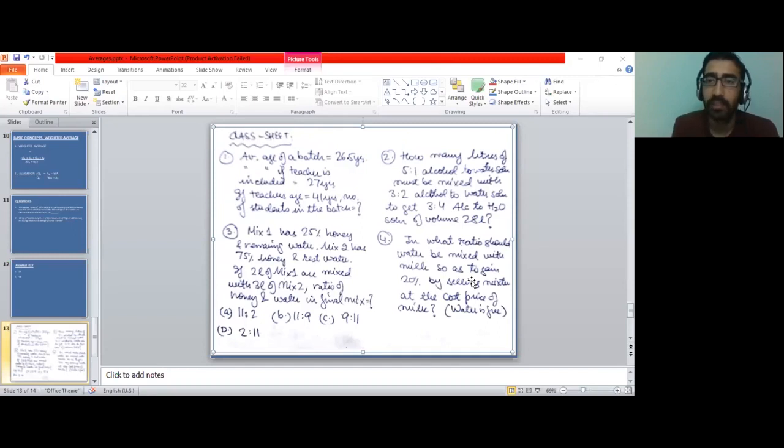Yes, absolutely. This question is as direct as it comes, because if you're selling the mixture at the cost price, if essentially your sales price is the same as the cost price per liter, the price at which you bought, you're also selling, then any gain, the gain of 20% here, the profit of 20%, has to be because of the water you've added.